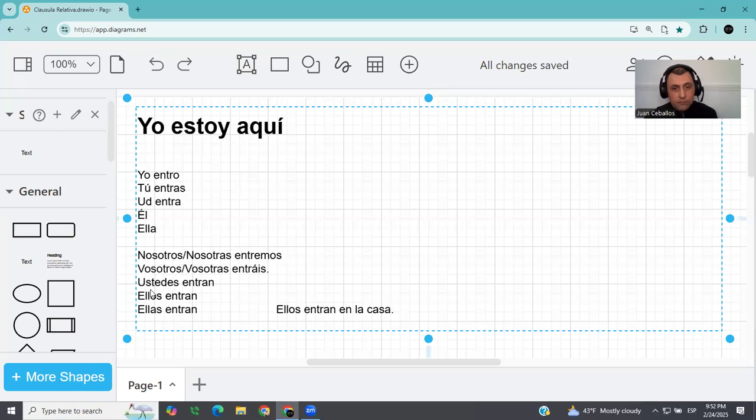So these are things that most books do not include sometimes. So if you are a student, you can go to page 57. You will find all the subject pronouns there with all the conjugations, which will be more clear and it will help you understand this better in the future. You don't get confused with this.